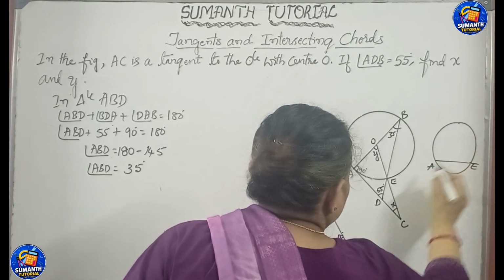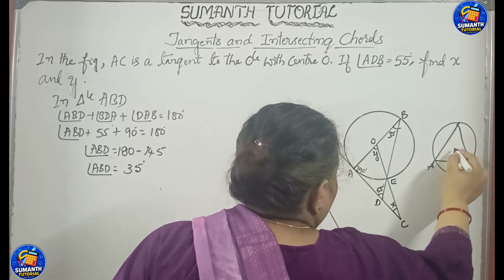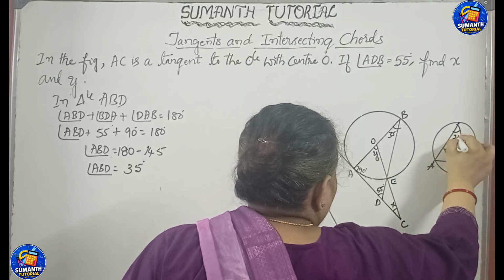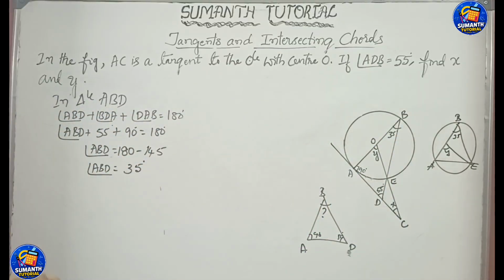If you think this is a segment, then here the angle formed is y and this is 35. Can we apply the rule here? The angle formed by the same segment at the center is twice the angle formed at the circumference. So by that, what can we write?